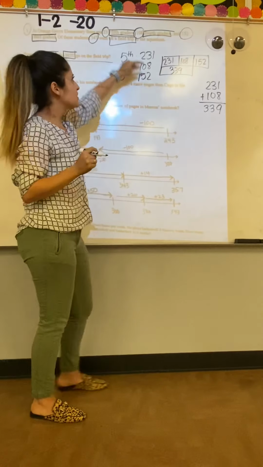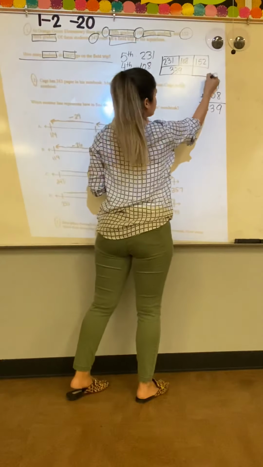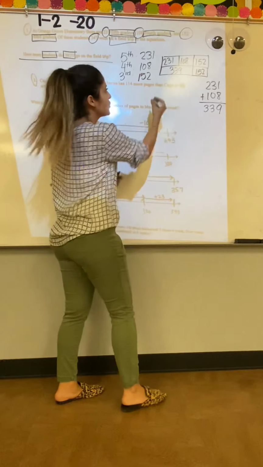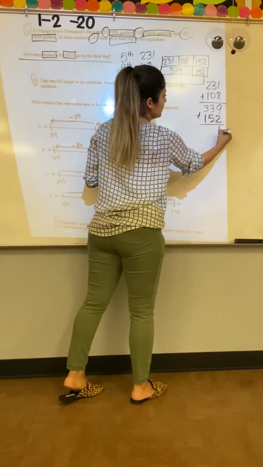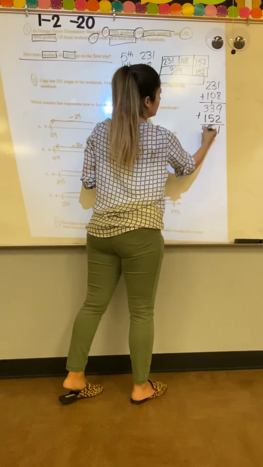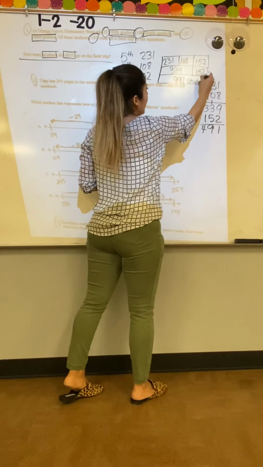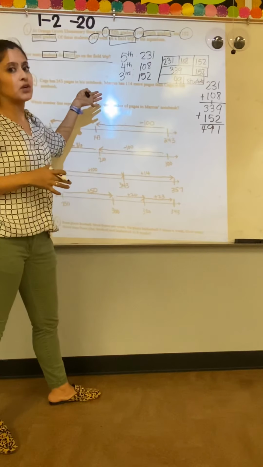And we know that's just 5th grade and 4th grade together, so now we need 3rd grade. Now putting these 2 parts together to form our total, we have 339 and 152. We have 491 students. Now, that total is just the amount of students that are at that school. That's not what our question is looking for.